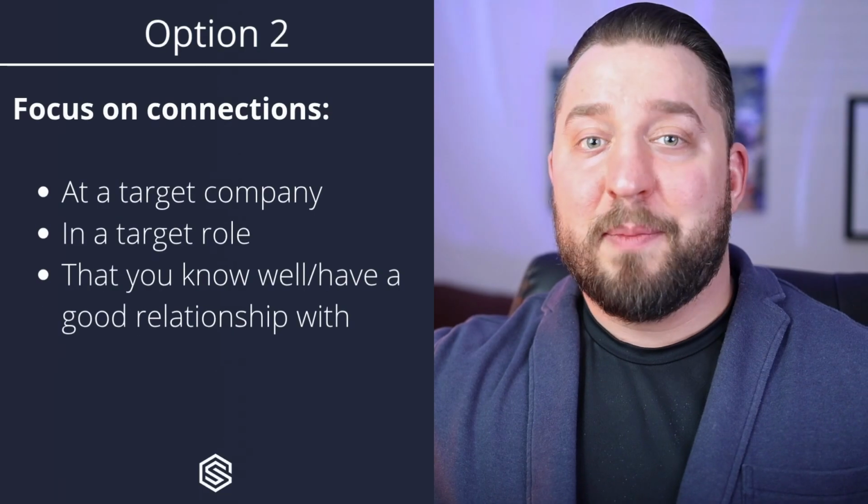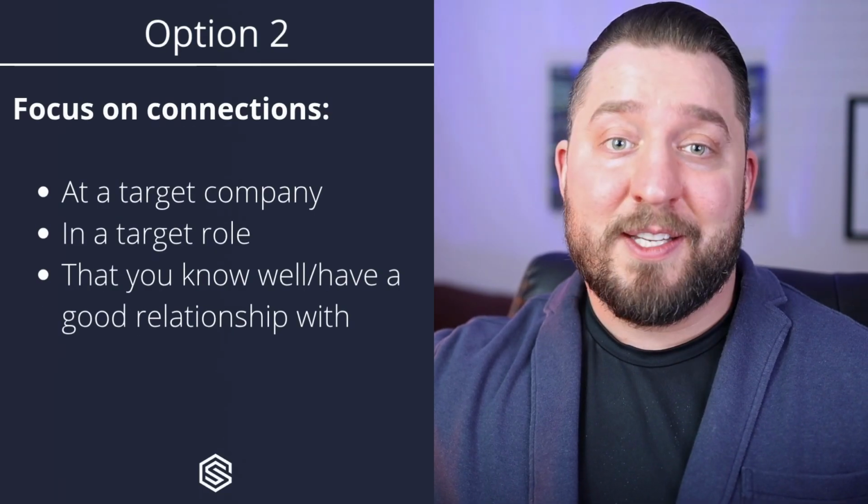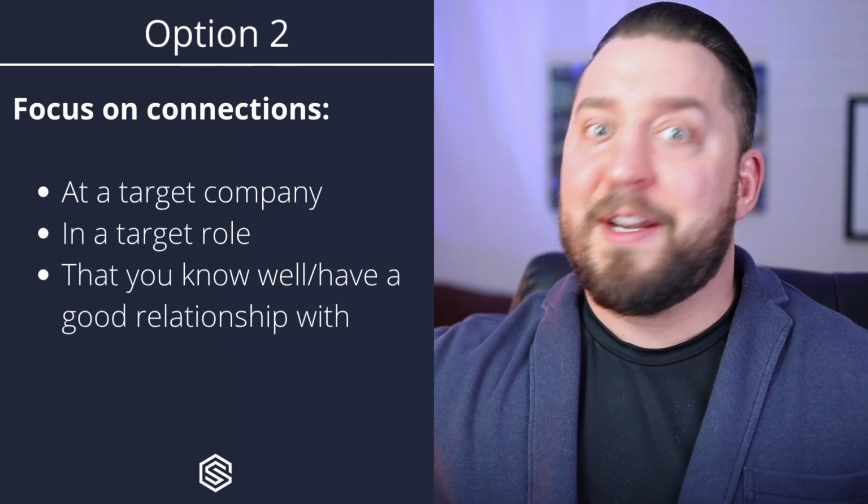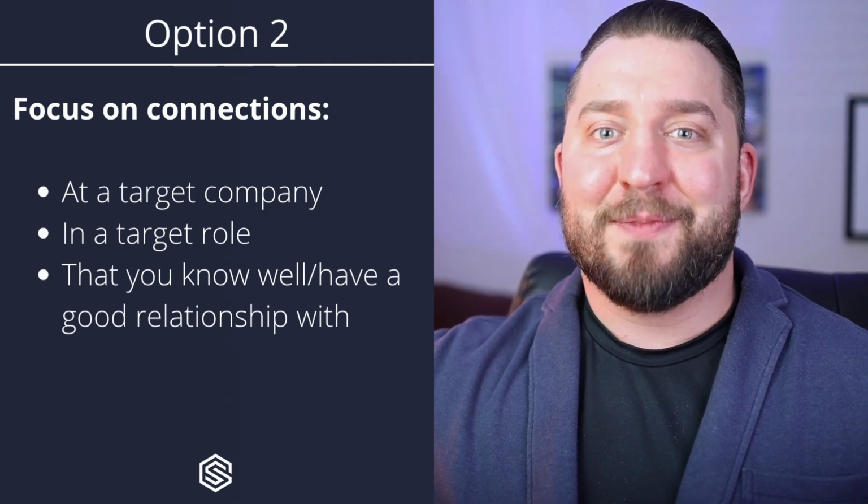Go through your whole network and identify everyone that you would like to reach out to. Focus on people at companies you're interested in, roles you're hoping for, or anyone you're friendly with who might be able to help you. Once you have your list of connections, start sending some direct messages.